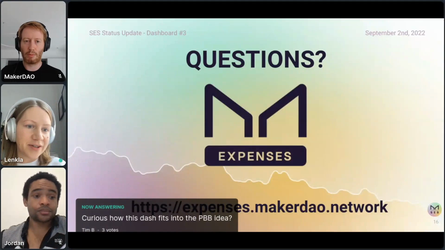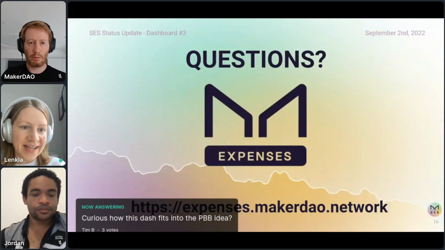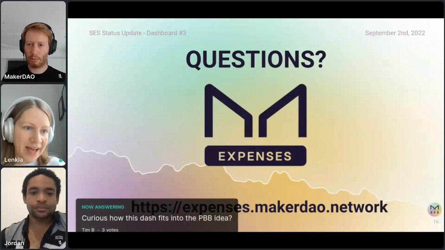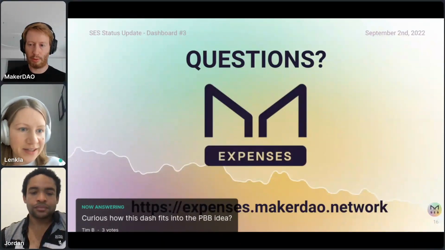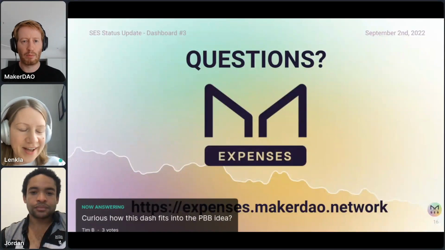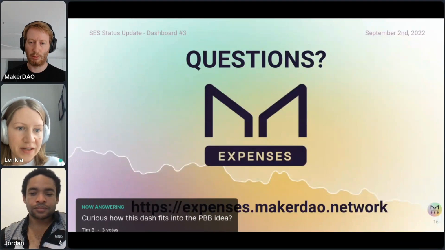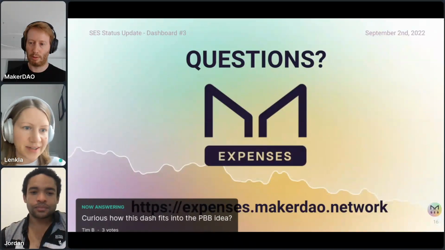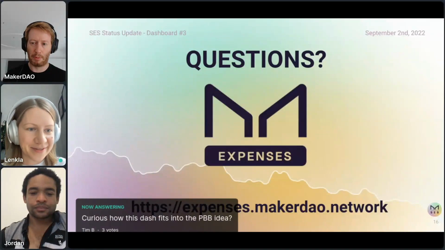Since we haven't really gone deep into designing the interfaces for this yet, we're pretty flexible, and we should follow the trend of adoption and acceptance of this proposal from the community. So we would like to provide insights both at the core unit level and at the DAO level when it comes to decentralized work. Sorry, that's a very brief answer, but Walter, if you have anything to add, feel free.